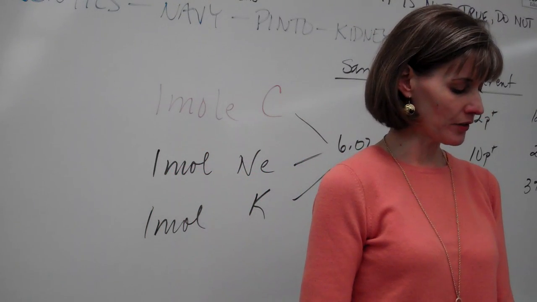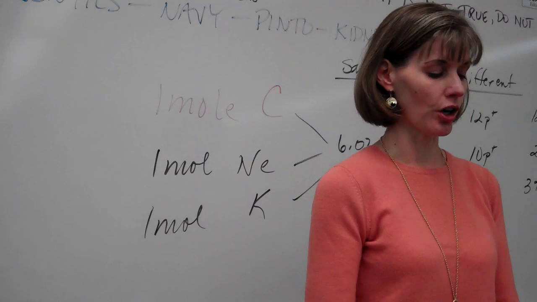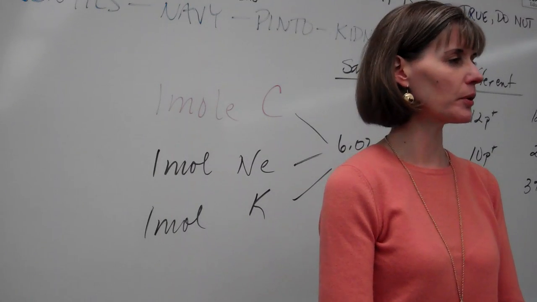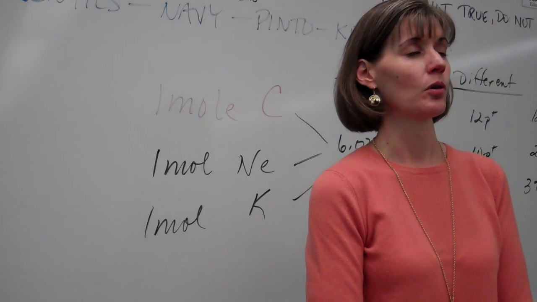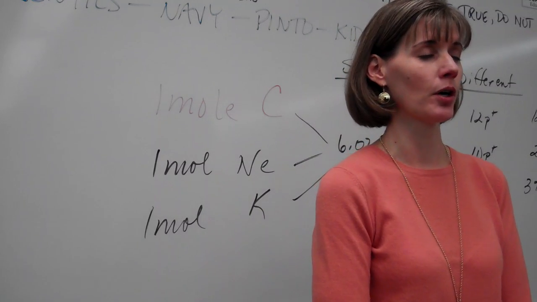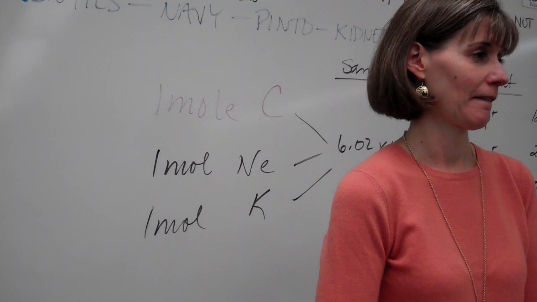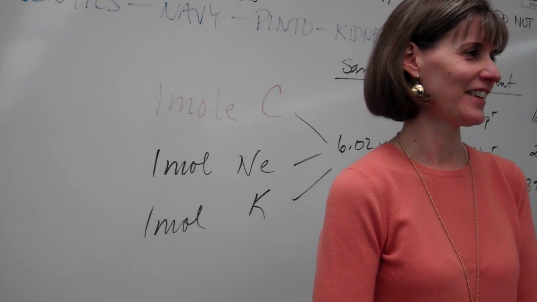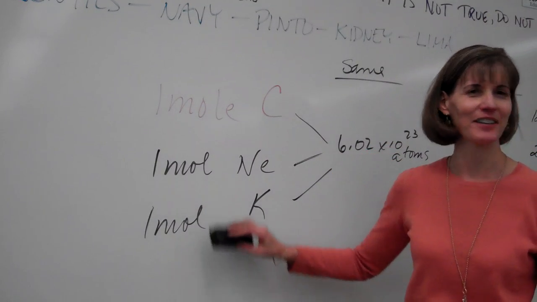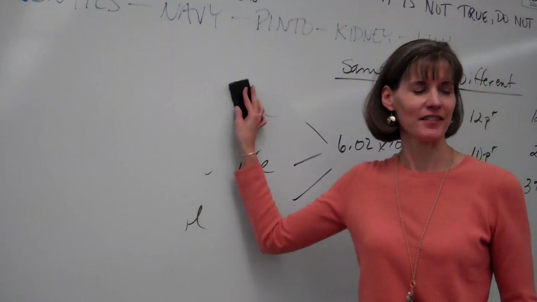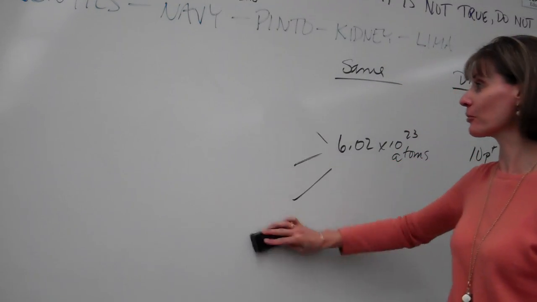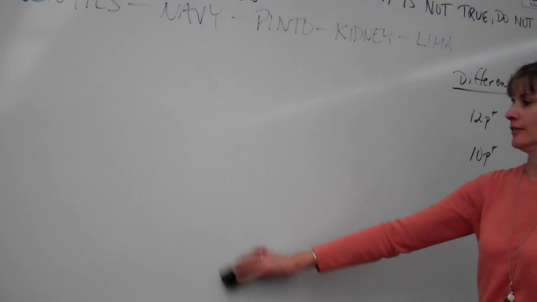Excellent. 28. Identify the charges of the subatomic particles. What are the subatomic particles? Protons, electrons, neutrons. You guys did not test that at all. They never do. I'm glad somebody did. There are only 3 subatomic particles.